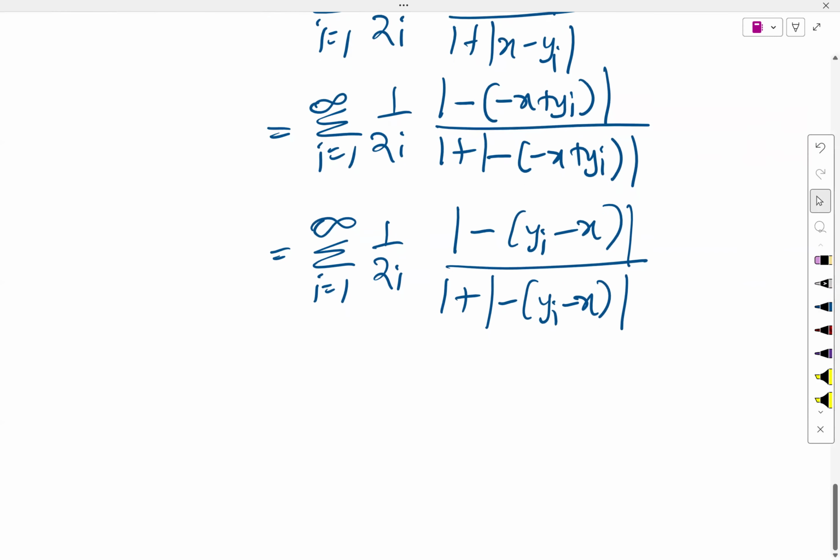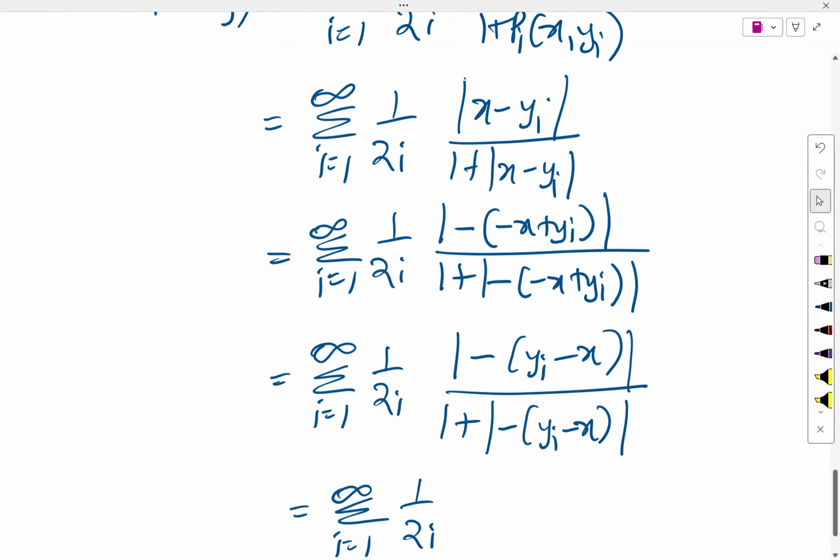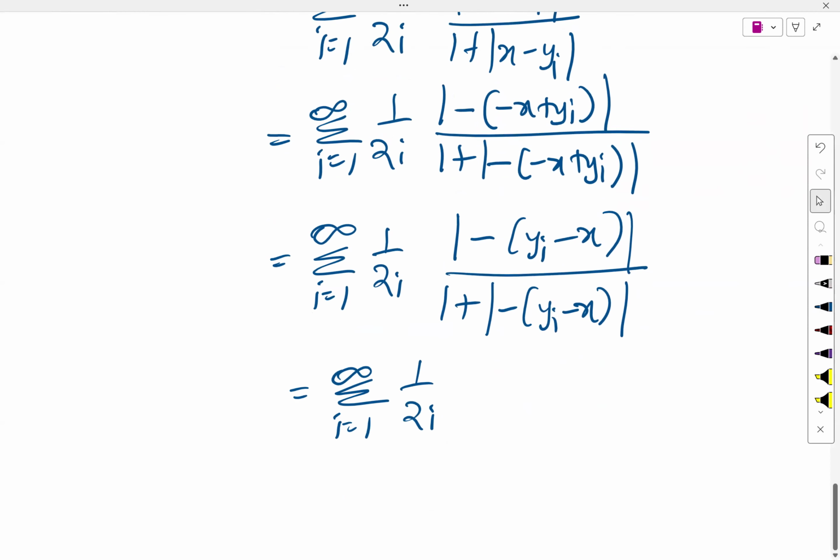And then, because we are taking the absolute value, the minus doesn't matter. We have summation from i equals 1 to infinity 1 over 2i, and then the absolute value of yi minus x all over 1 plus absolute value of yi minus x.